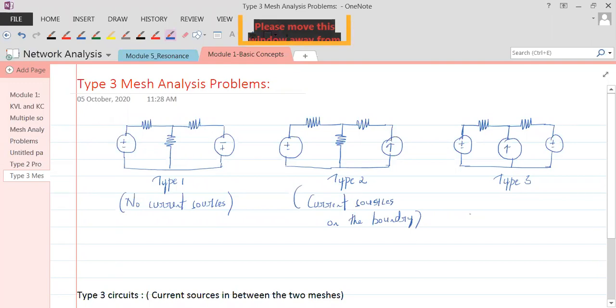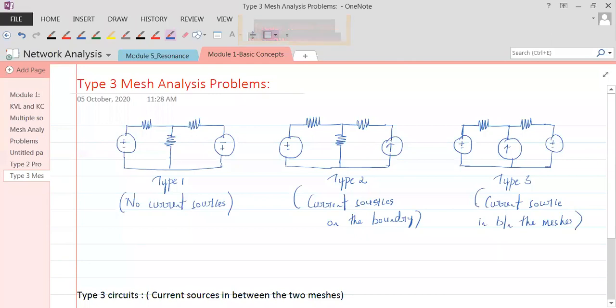In type 3, the current sources are there, but the current source is in between the meshes. Okay, so these three are the different cases, different types, that I wanted to tell.